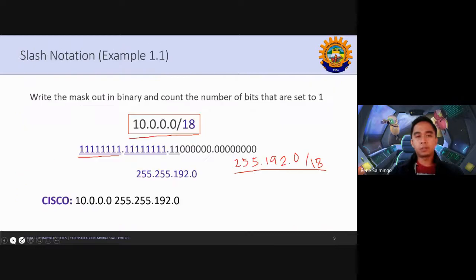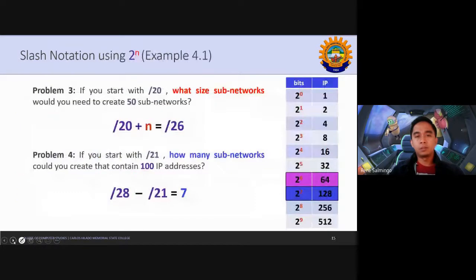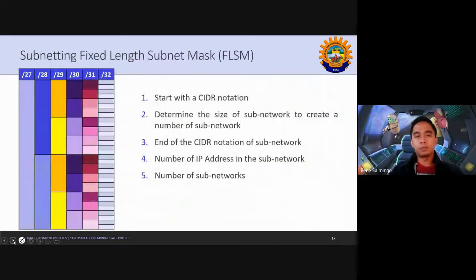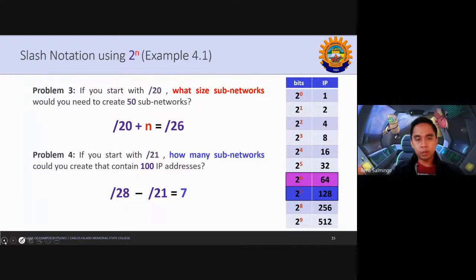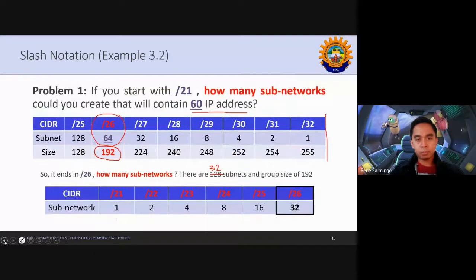But on our next topic, this will focus more on the division. So to make this clear, first you need to start with your CIDR notation. Your CIDR notation will identify the size of your subnetwork. Now, if you start with 27, as we mentioned in our example, we don't have a starting point at 27.